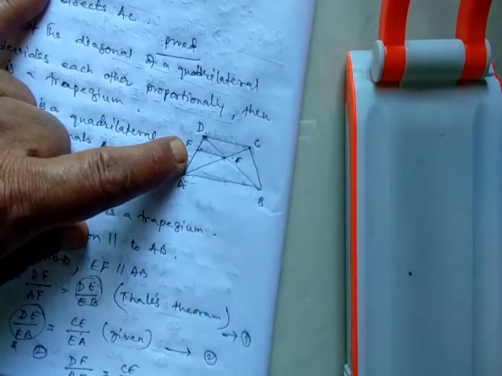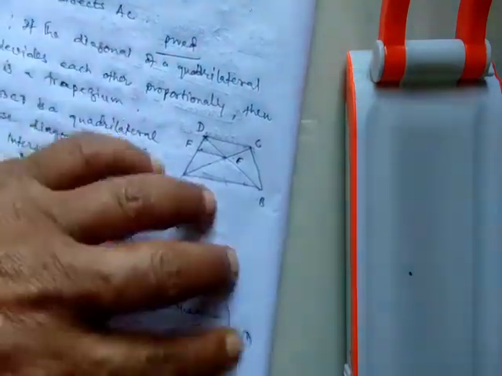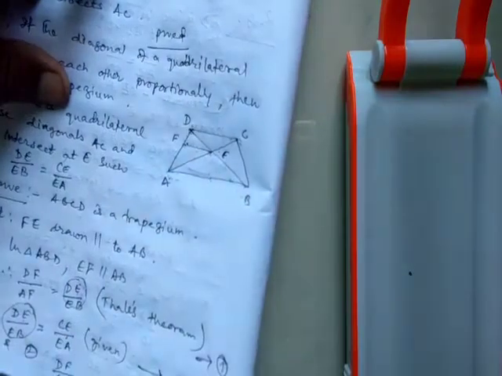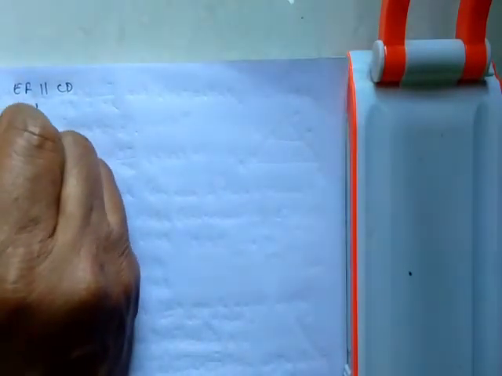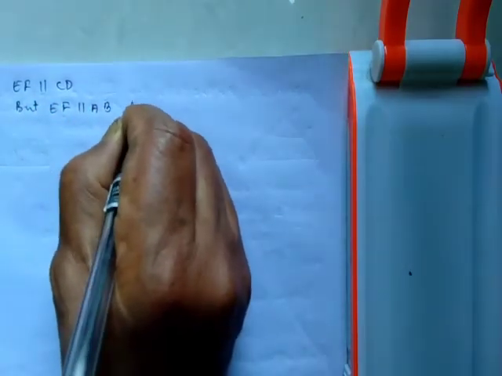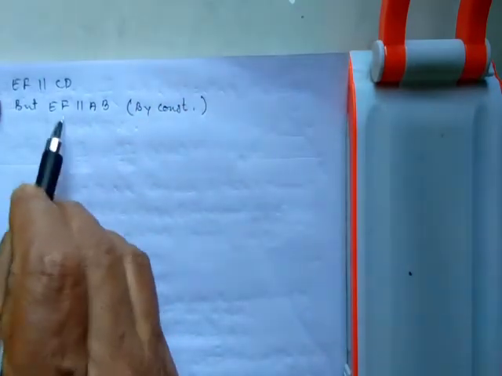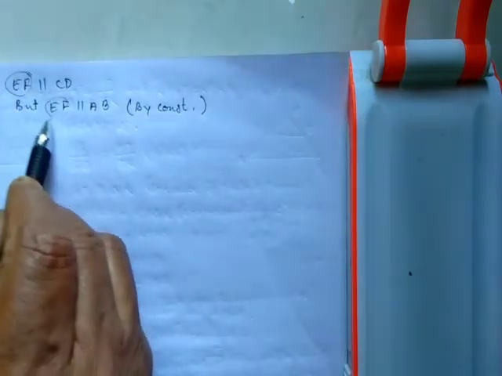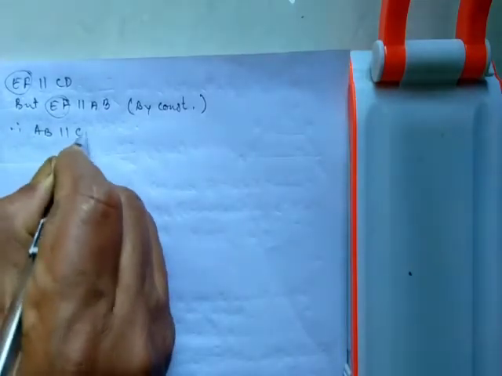So EF is parallel to CD. But EF is parallel to AB by construction, we have taken it. So from these two, EF and EF are the same, therefore AB is parallel to CD.